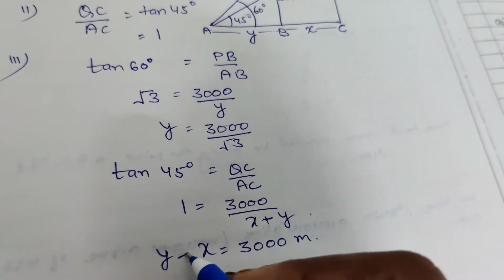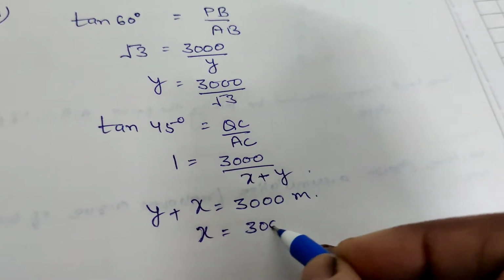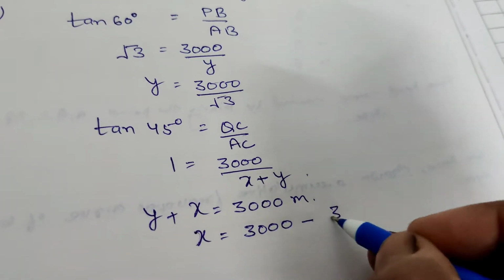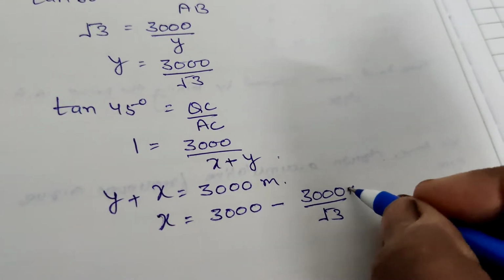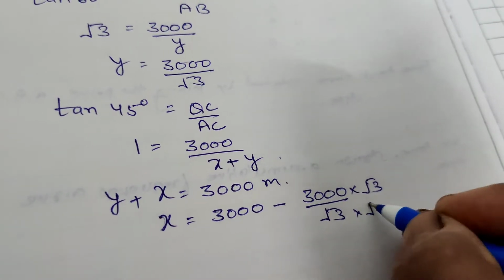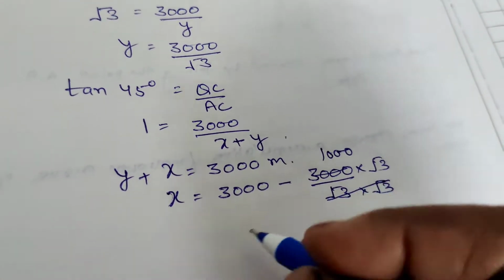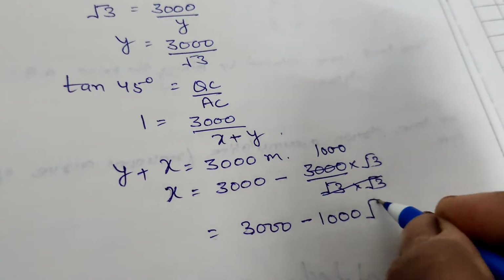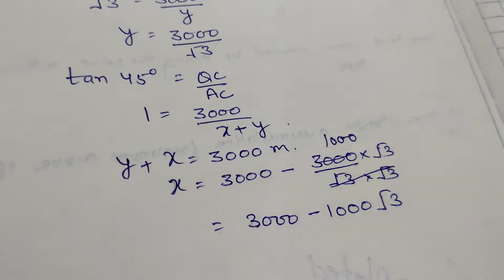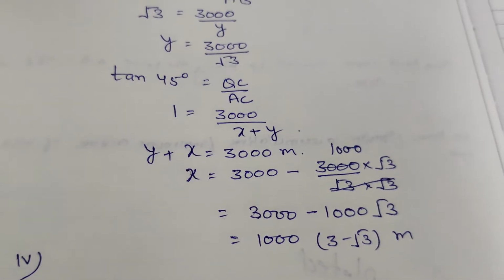Then y plus x equals 3000. Now put the value of y. 3000 minus 3000 by root 3, and rationalize this, we get 3000 minus 1000 root 3, which is 1000 times 3 minus root 3. Now the next question.